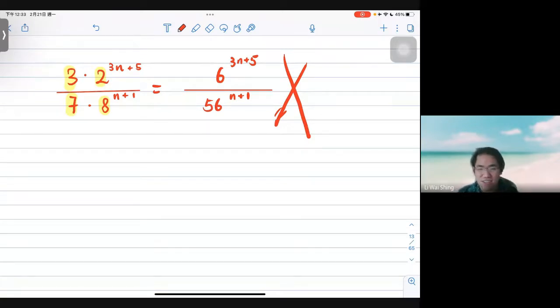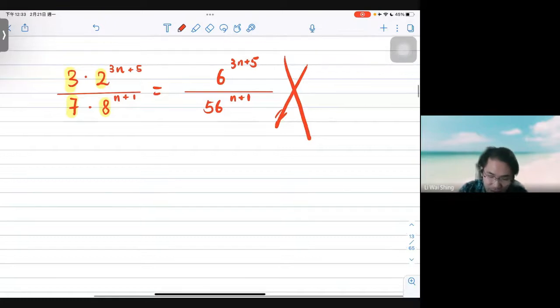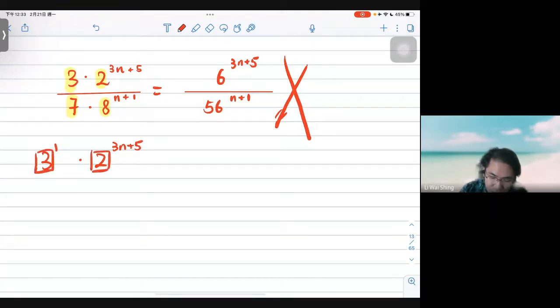Okay, of course you can't just combine the bases. When can you combine the base? Have I taught you that you can combine the base? No. Your expression is 3 to the power 1 times 2 to the power 3n plus 5. The bases are different. The powers are different. So you can't combine them together. Just think about it in x and y. x to the power a times y to the power b.